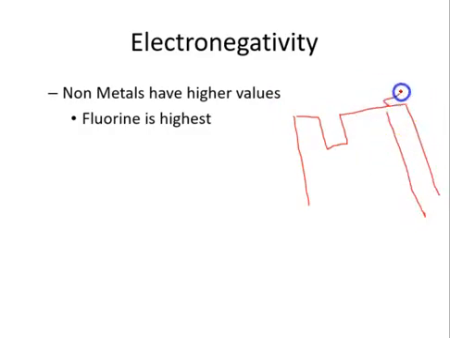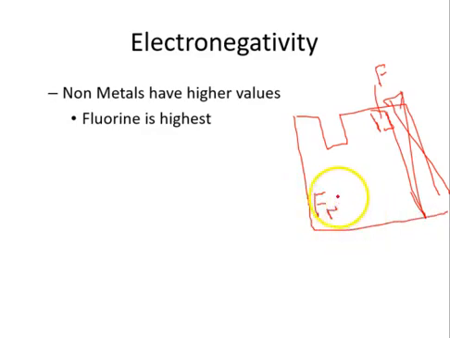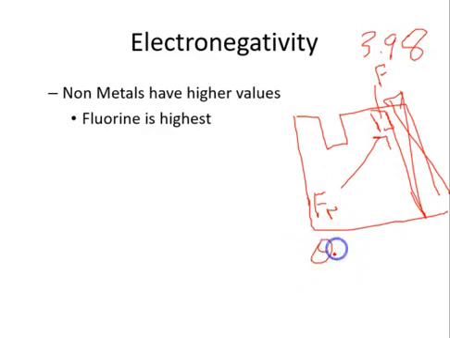Now remember, the noble gas column is completely X'd out. So if you have the noble gas column X'd out, you'll see that here's fluorine, and here's francium. So francium has the lowest value, and fluorine has the highest value. And fluorine's value is 3.98. Okay, so francium's is 0.7 and fluorine's is 3.98.